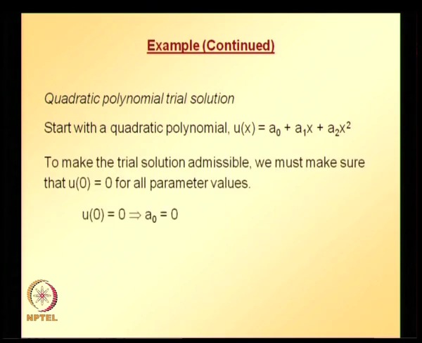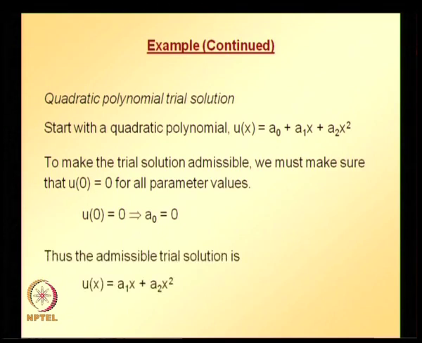To make it admissible, we have to make sure that it satisfies the essential boundary condition given for this problem, which is u evaluated at x is equal to 0 is 0. Substituting this leads to a0 is equal to 0. Okay. So the admissible trial solution becomes a1x plus a2x squared.